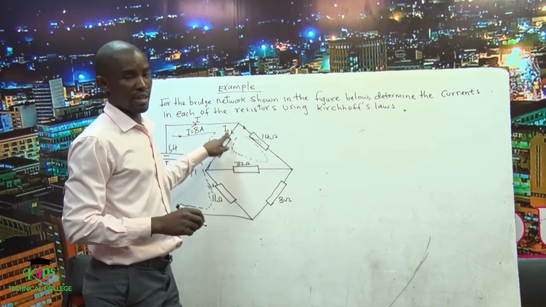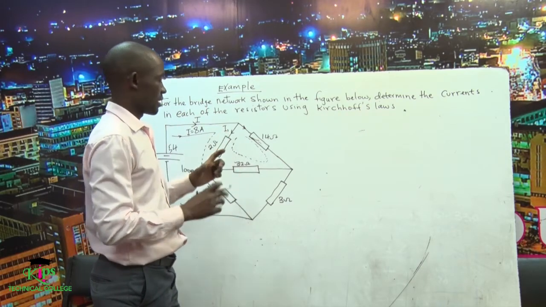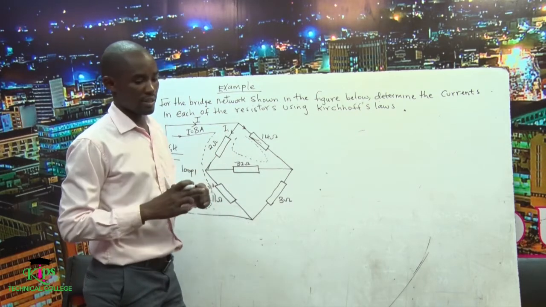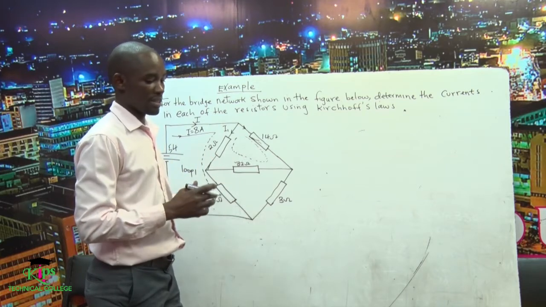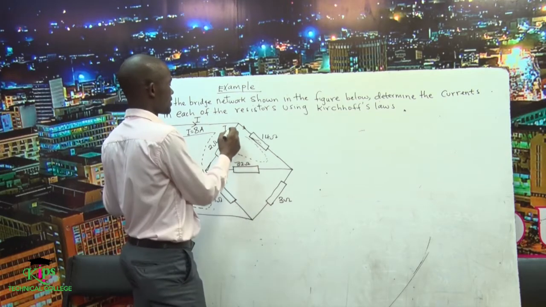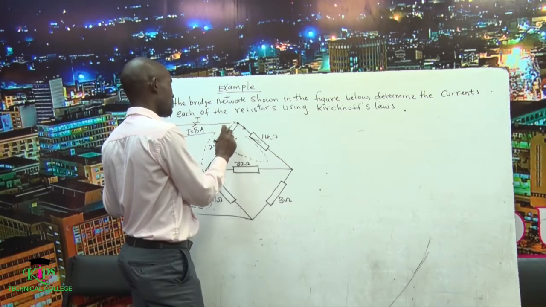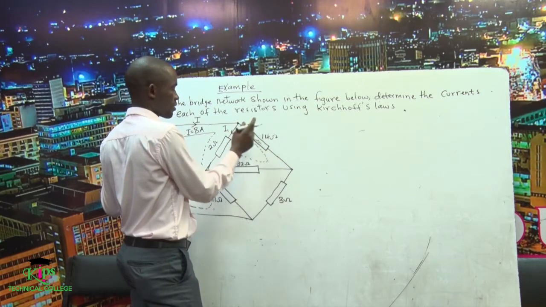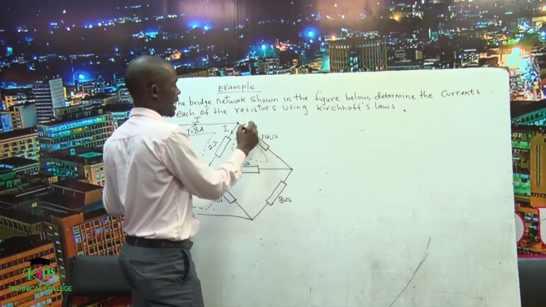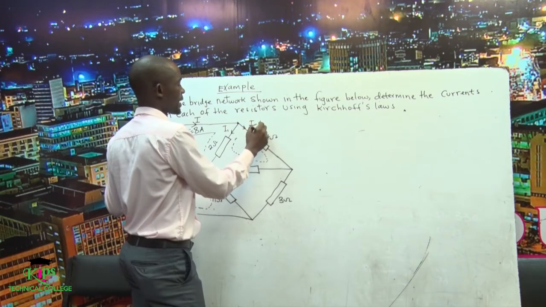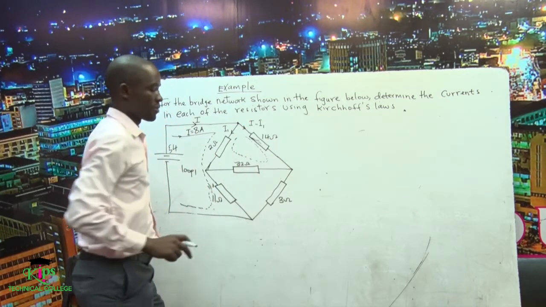Remember, Kirchhoff says that upon reaching the junction, current will split into the number of branches that you have. So in this case, we have said let the current reaching this point, the first part, be I1. So the one passing here will be I, the total current, minus what is passing through this point.